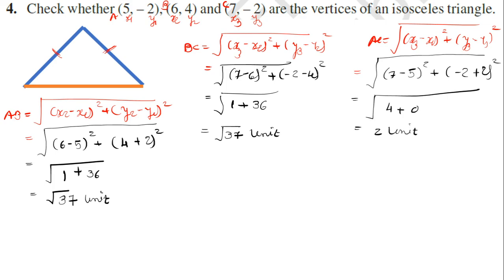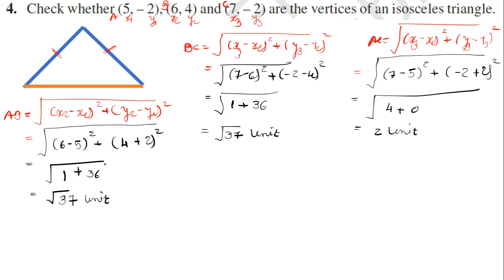See, by coincidence, this is 2 units only. So this is an isosceles triangle, but you should check. Just suppose that this answer was also under root of 37 units, then this triangle would become equilateral, not isosceles.